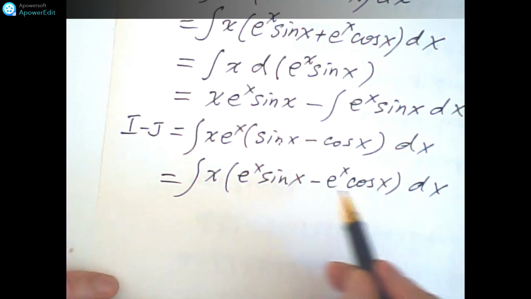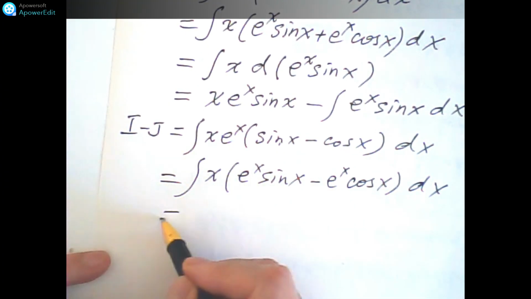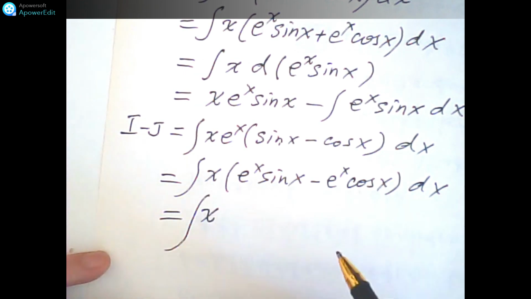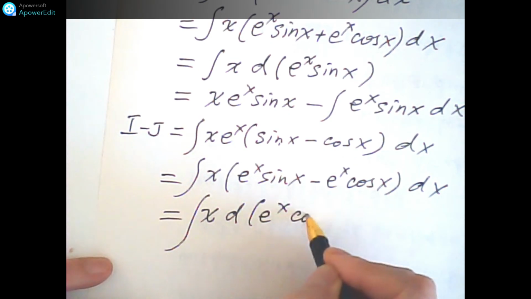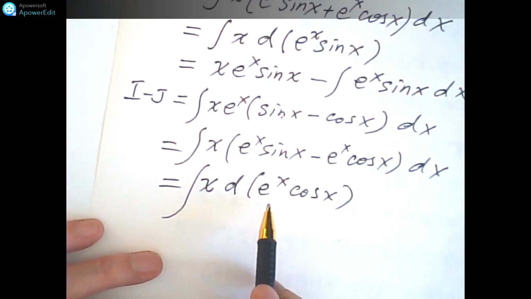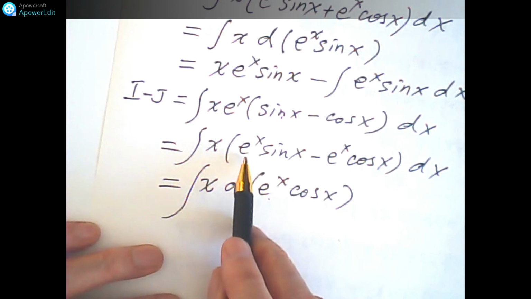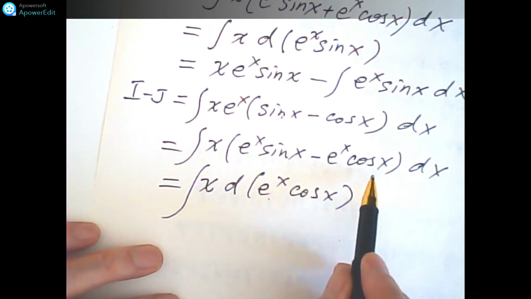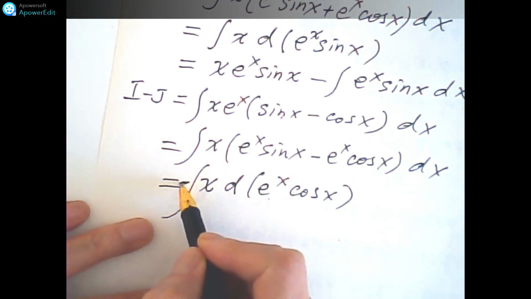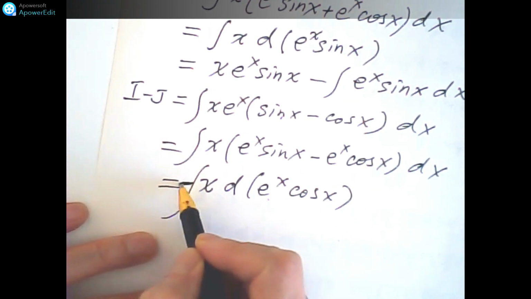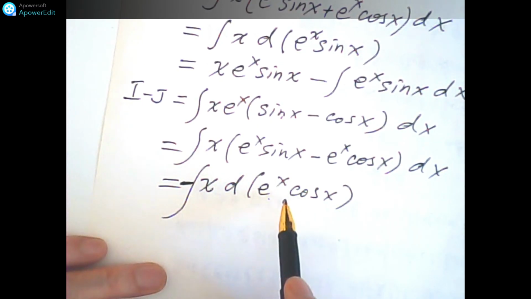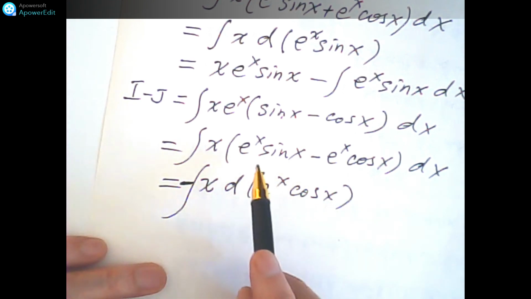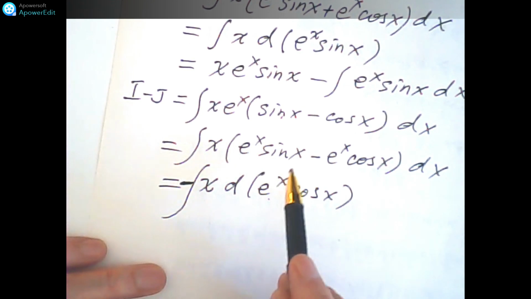So this is the derivative of the product, which is equal to x d(e^x cosine x). Because this derivative is this times cosine, negative. Sorry, there's a negative here. And then this derivative times this, which is positive cosine.